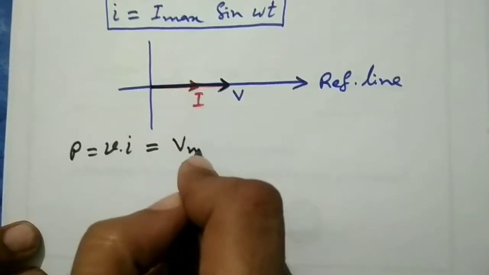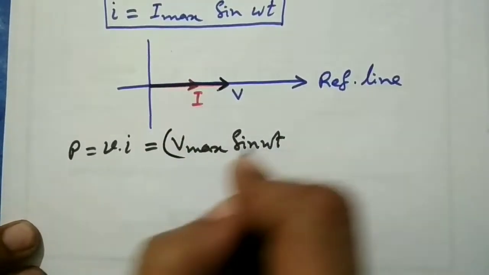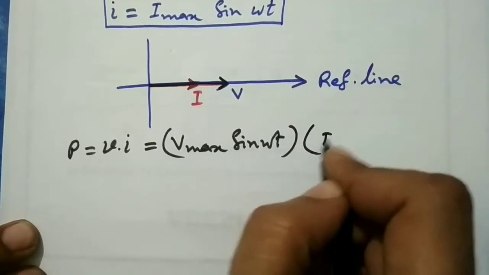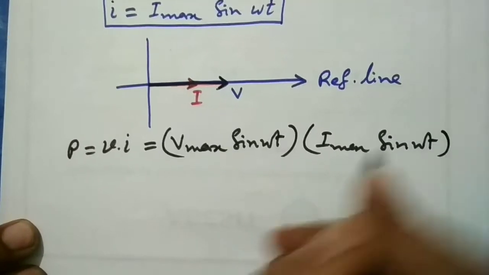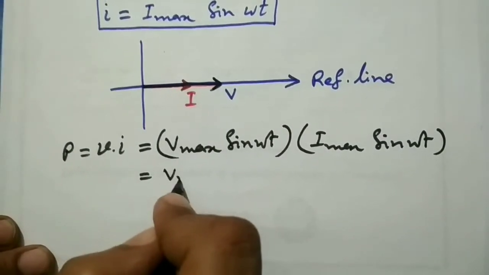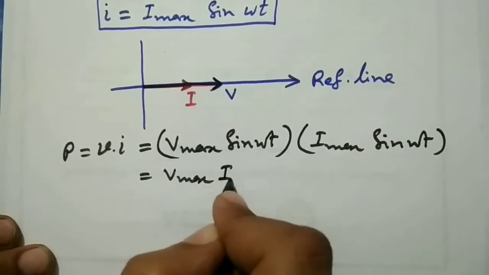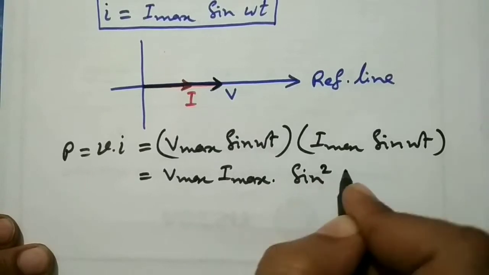So V is V max sin omega t, and I is I max sin omega t. So here we can write V max into I max into sin square omega t.